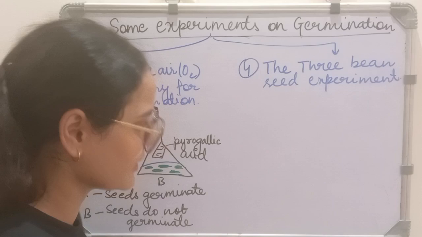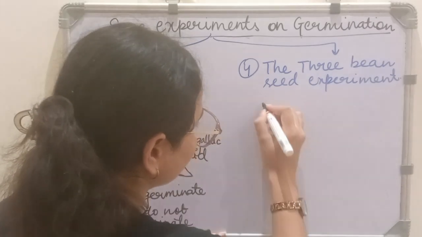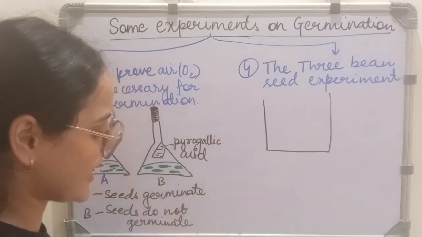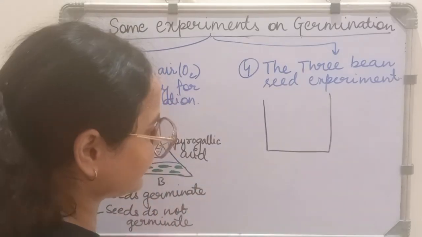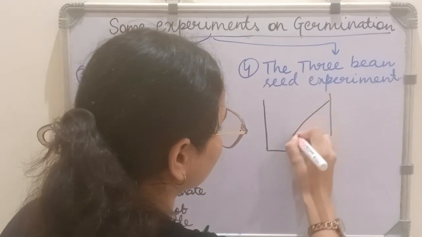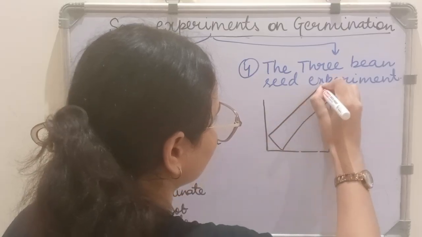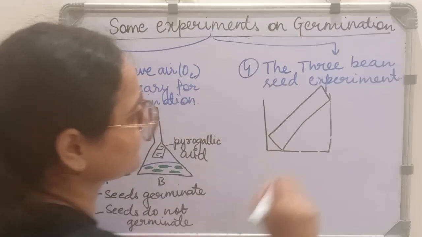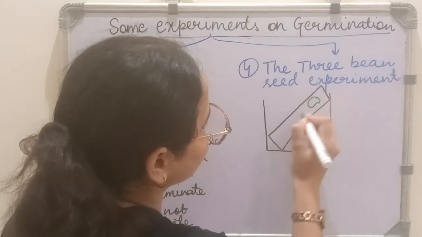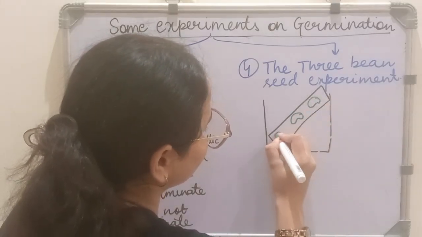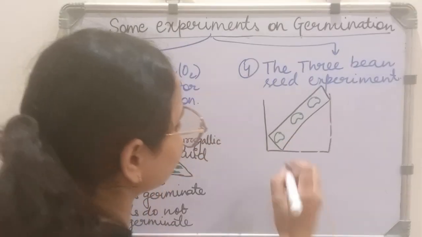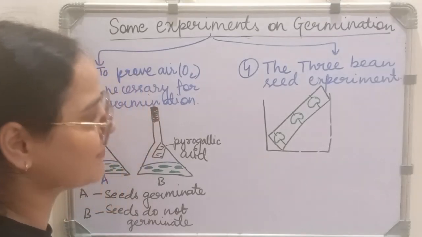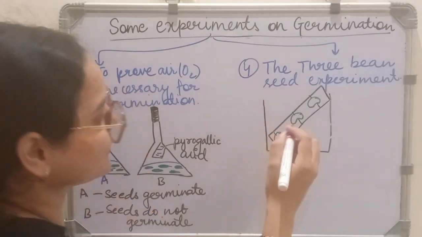Okay. In this we are taking just one beaker. And on a scale which is kept inside it, we have tied 3 seeds, 3 bean seeds. So here one bean seed, here another, and here another. We have tied these seeds with this scale, and we have filled this beaker with water.